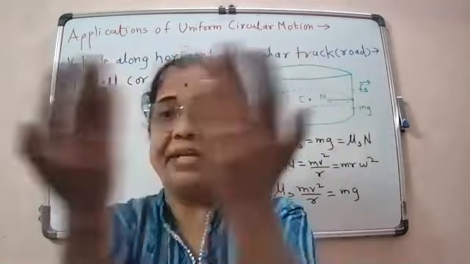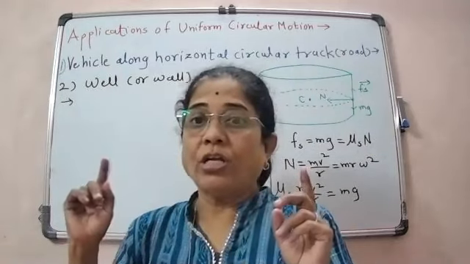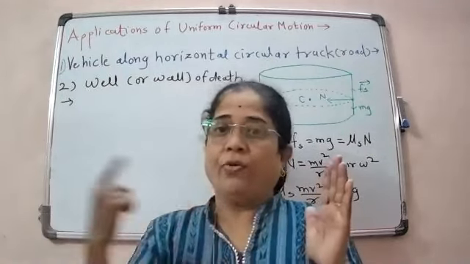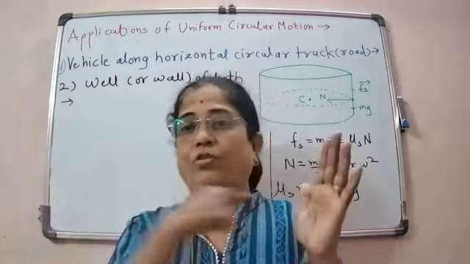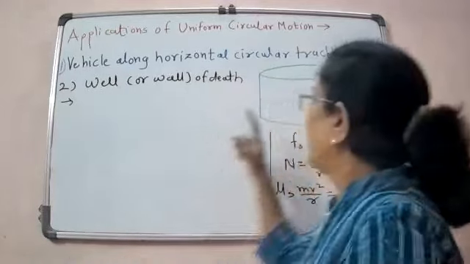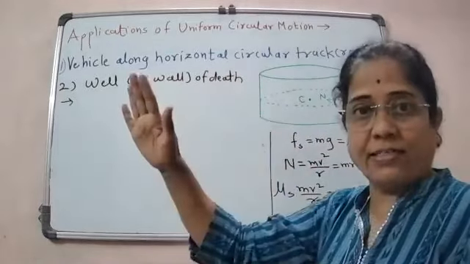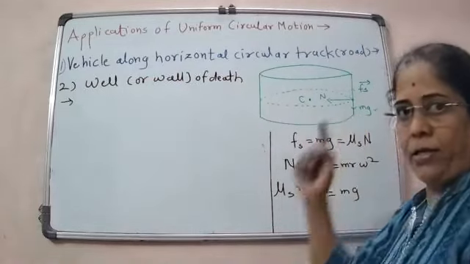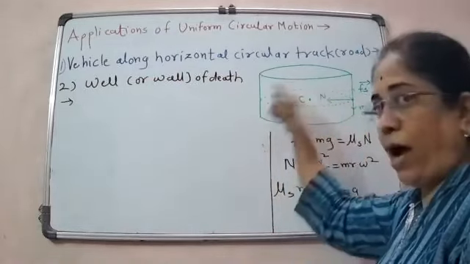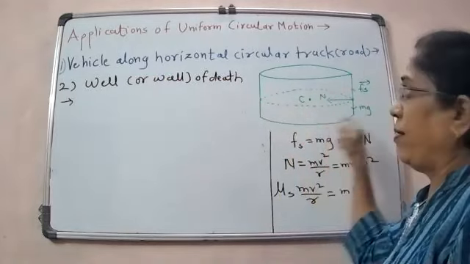There is a cylindrical wall in a circus, and the motorcyclist will move along those horizontal circles. So this is the wall of death, you can say, in a circus. And along this circular path, that motorcyclist will move.